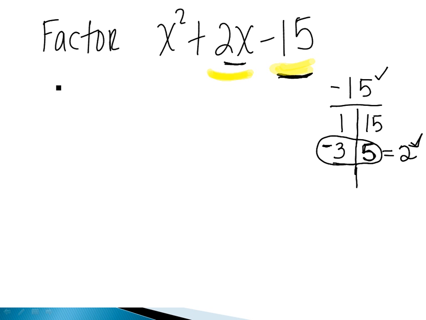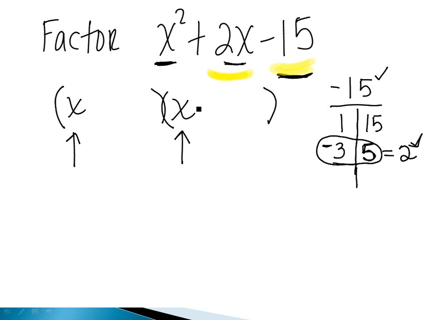Since we know that the factors of trinomials are two binomials, go ahead and put two sets of parentheses. For the first position, we're going to put two terms that when multiplied together give us the first term, x squared, so it has to be x and x.